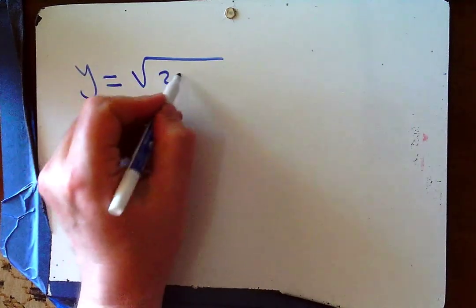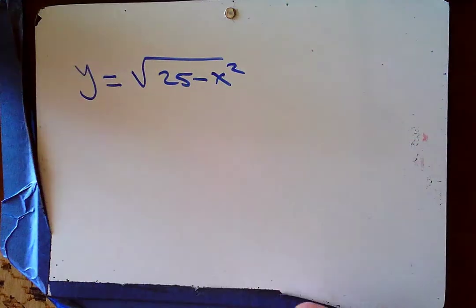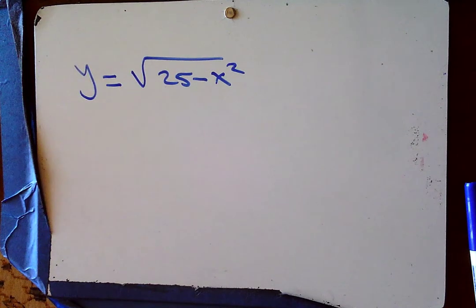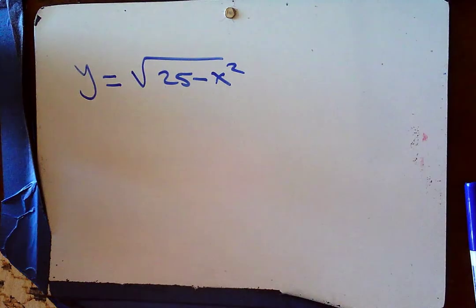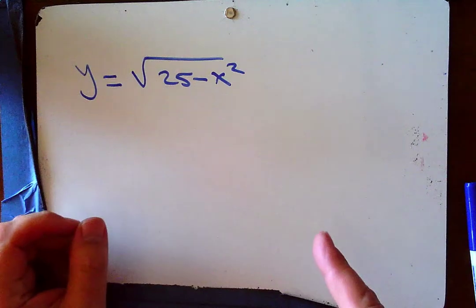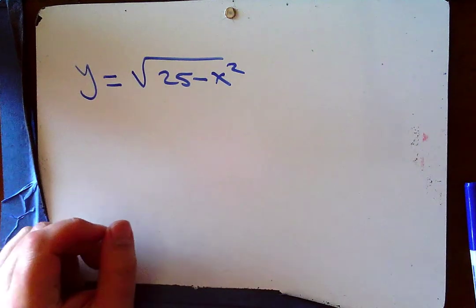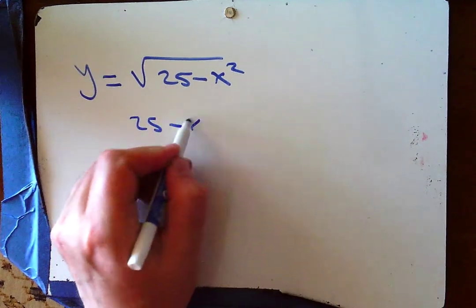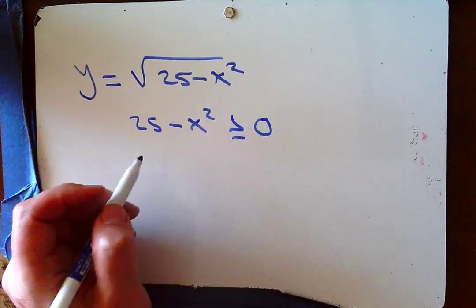How about y equals square root of 25 minus x squared? Here, you can have some redemption now. Remember, you're supposed to be figuring this out and then coming back. Okay, welcome back. I set the radicand greater than or equal to 0.